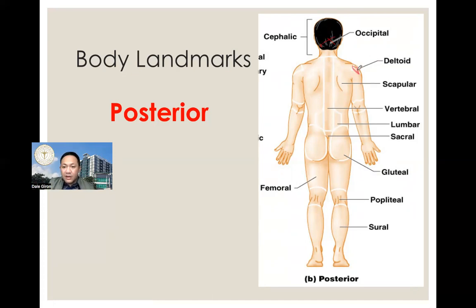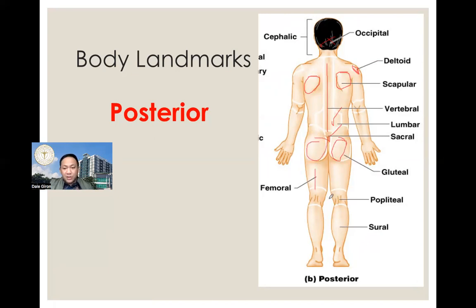Deltoids, your deltoid area, the scapula, the butterfly on your back. Okay, scapular. The vertebral column, vertebral. The spine is always at the posterior side. These are your lumbar area, your sacral area or sacrum, your glutes or gluteal. These are found posteriorly.